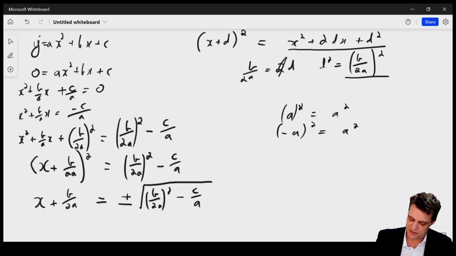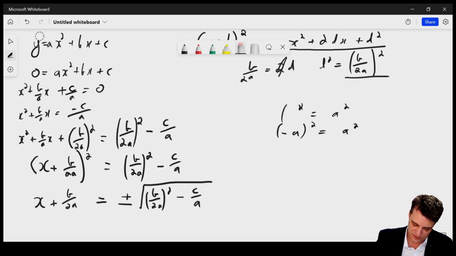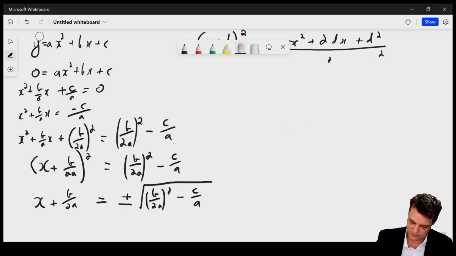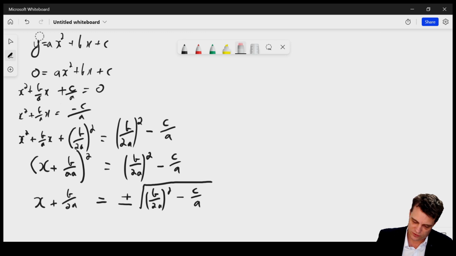Which is why when we take the square root of both sides, we need to add this plus minus. So let's just get rid of that, and we can also get rid of how we've got to where we are now. All right, so let's continue.